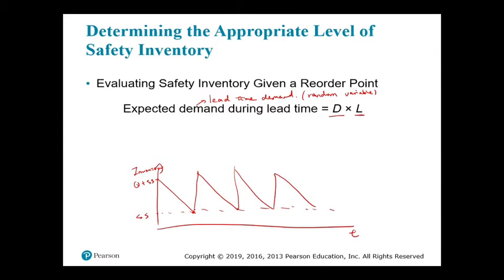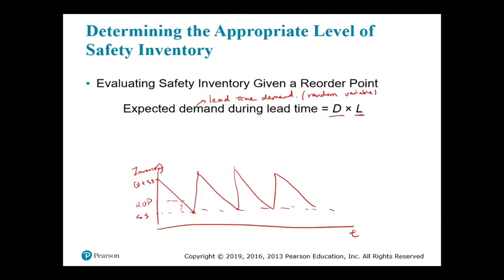And each time I reach the reorder point, I place an order of size Q. So let's say this is our reorder point. Then the relationship between reorder point and safety inventory level is determined by our lead time, or lead time demand.